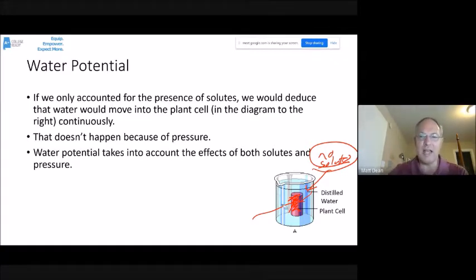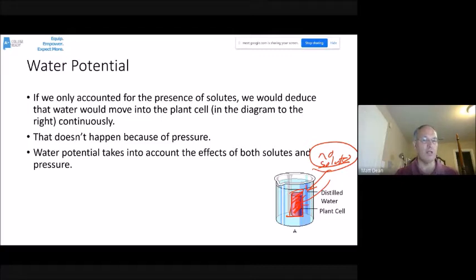But we know that doesn't happen because as more and more water moves into this cell, because there's a wall there, more and more pressure starts to build up. So as more water goes in, the pressure inside that cell goes up and it's pushing outward. Eventually, there's so much pressure that even though the solute component of this water potential wants to keep water moving in, the pressure says, nope, I don't think so.